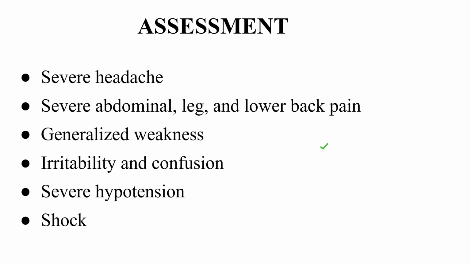Questions are always in that direction. Patients could also come down with generalized weakness. They're always tired. Why? Because there's no glucose moving into their tissues and cells. There will be irritability and confusion. They are highly irritable. And they have severe hypotension, which could lead to shock.